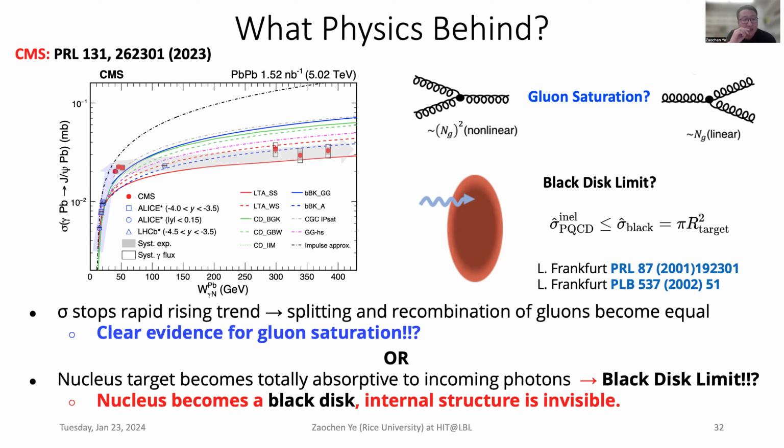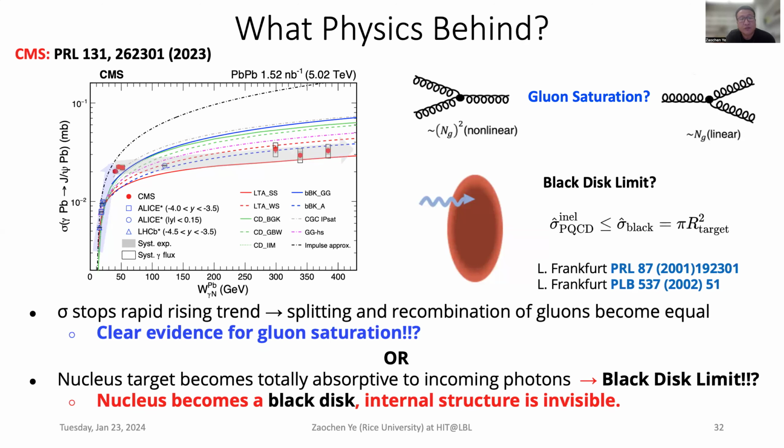The target nucleus can become a black disk that would also saturate the cross-section itself. Another interesting conclusion from this black disk limit is that once the nucleus becomes completely black, the internal structure will be invisible.